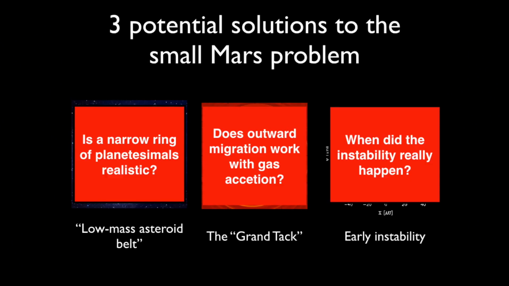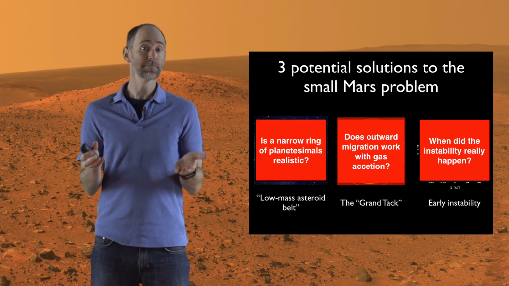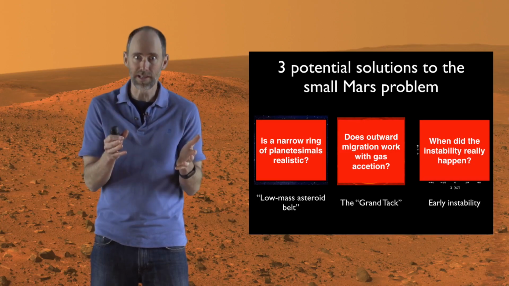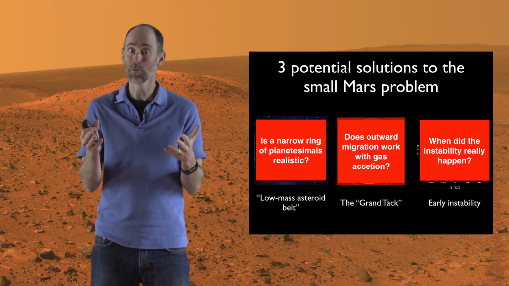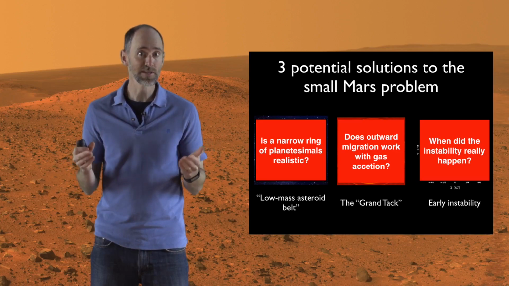Is that realistic? We need to study that more. The grand tack model is built on the migration of Jupiter and Saturn, and we need to study that process in more detail. And the early instability model is based on the idea that this instability happened early. Now we need to study more carefully whether this is really the case. So we have 3 solutions, and that's where we're at for going forward.